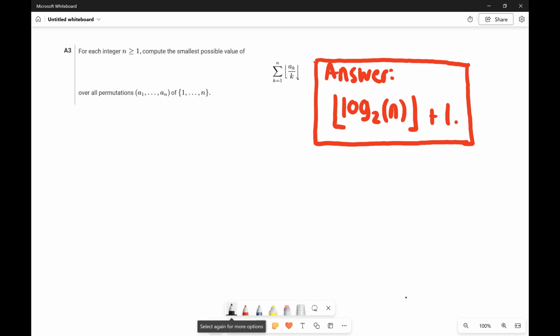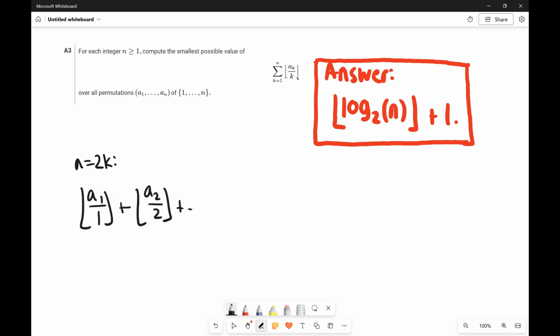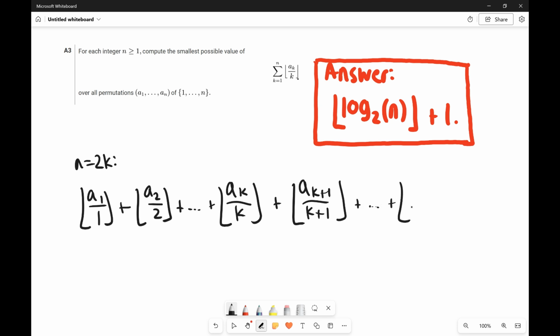So let's split it into cases again. So we have n equals 2k, then that means that we have the first k terms of the sum, so that's a1 over 1 plus a2 over 2 and so on, plus ak over k, and then we have a(k+1) over k+1 all the way to plus a2k over 2k.